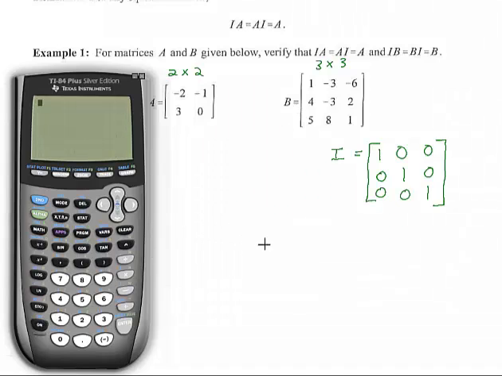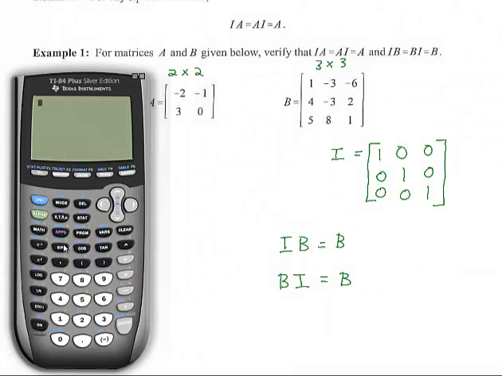What we want to do is check that the identity matrix for a 3 by 3 matrix, 1's in the principal diagonal, zeros elsewhere, times B equals B. And then we also want to reverse the order, B times I, and verify that that equals B as well.